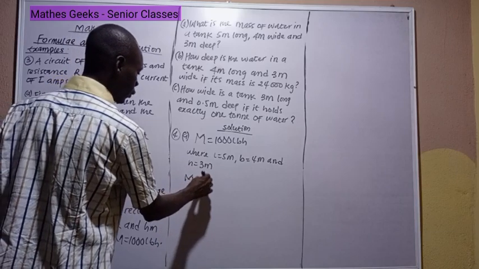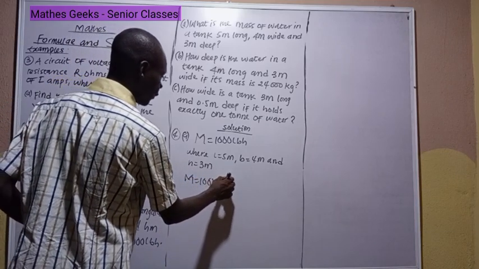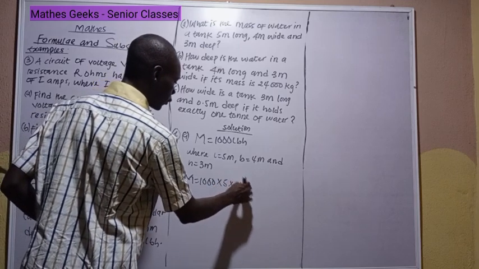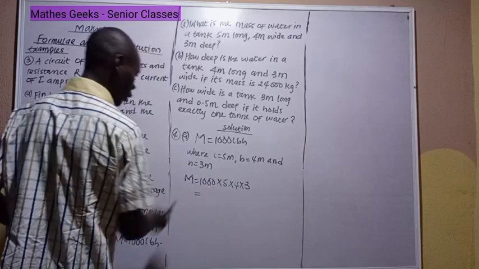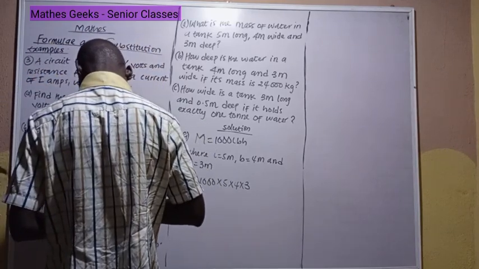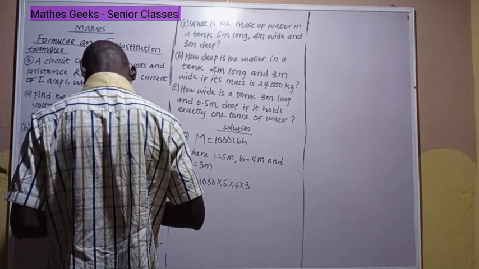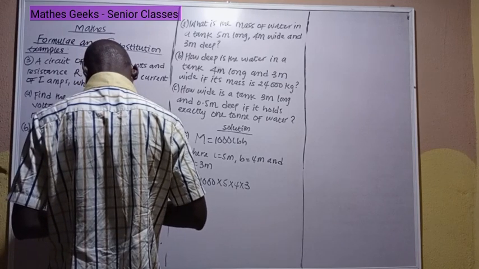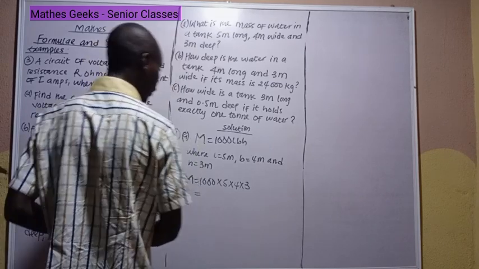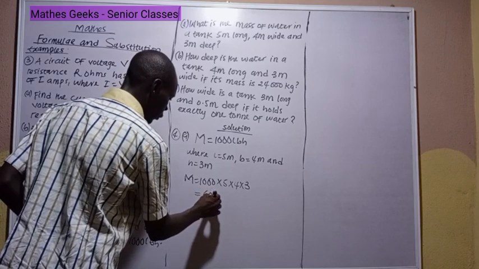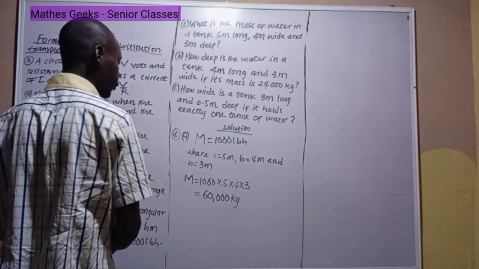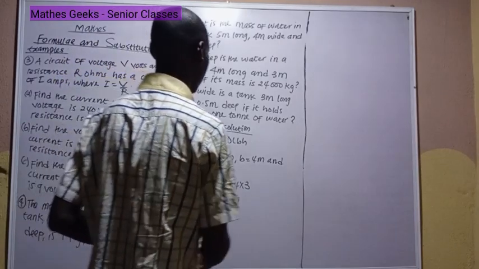So M is equal to 1000 times 5 times 4 times 2. That's equal to 40,000 kilograms. That's A.